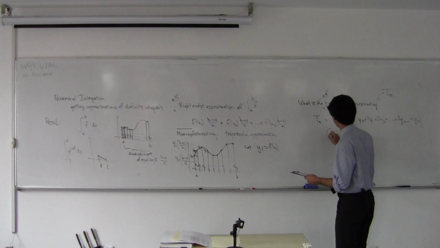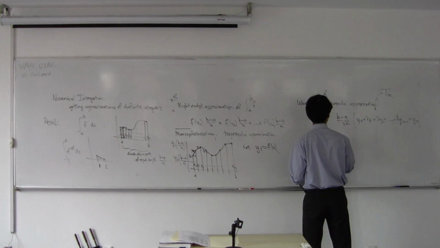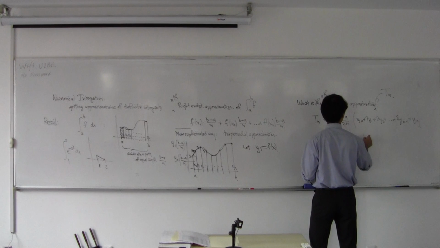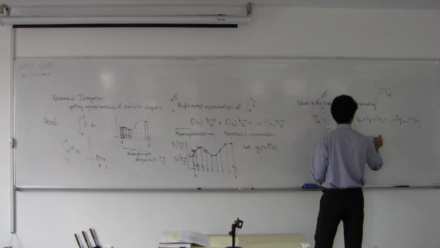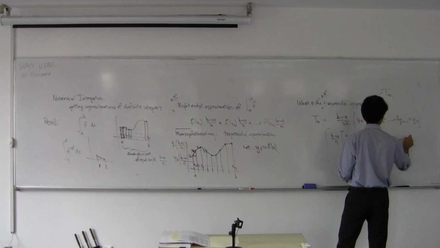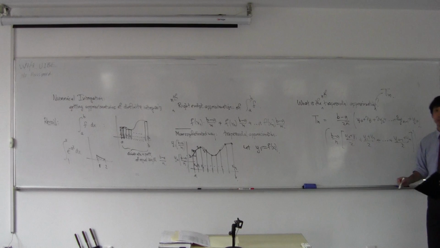Because it's b minus a over n times y naught plus y1 over 2 plus y1 plus y2 over 2 plus ... y n minus 1 plus y n over 2. Right.